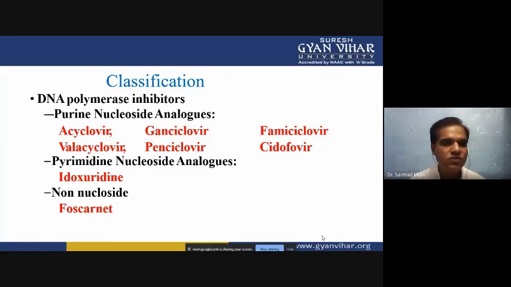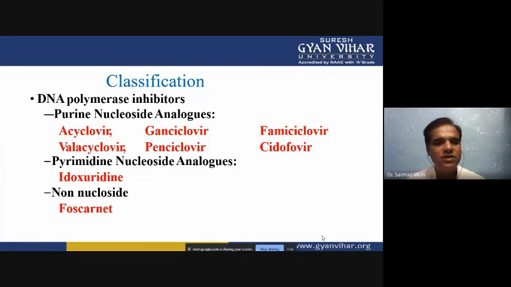Then purine nucleoside analogs are there. Acyclovir, ganciclovir, famciclovir, valacyclovir, penciclovir, and cidofovir are the purine nucleoside analogs. And these analogs can inhibit the DNA polymerase, so that replication of the viral DNA will be stopped.